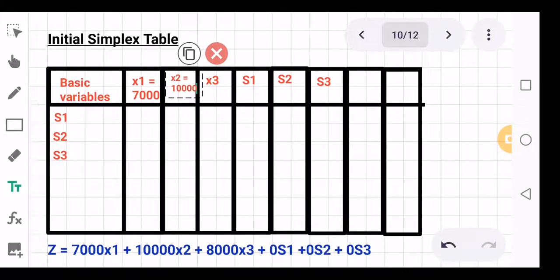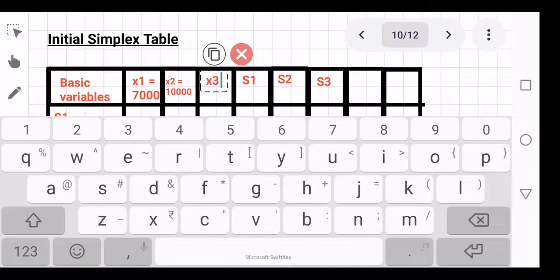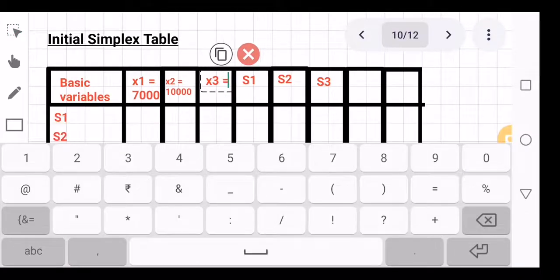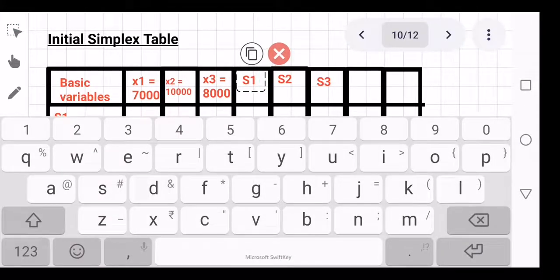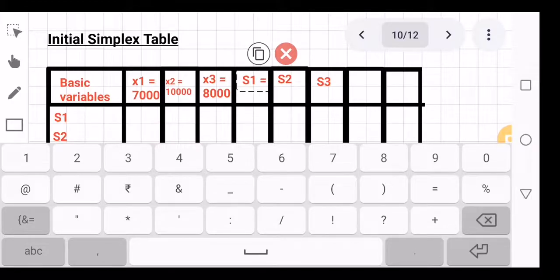The coefficient of x3 is 8,000. So we got the values for x1, x2 and x3: 7,000, 10,000 and 8,000. The next thing is s1. What is s1 equal to? s1 is equal to 0.